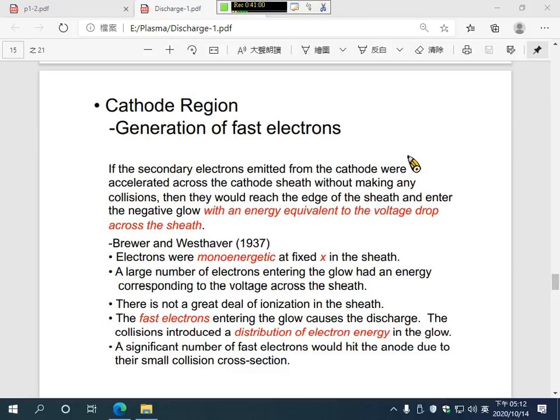But some high energy electrons escape from the cathode layer region and might travel all the way to the anode surface. So a small amount of fast electrons.